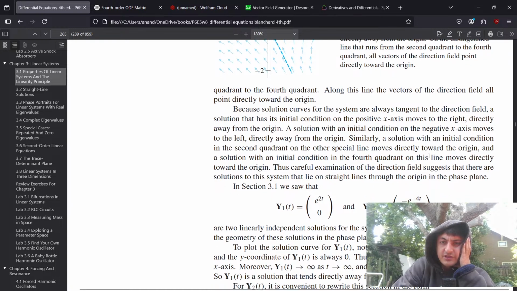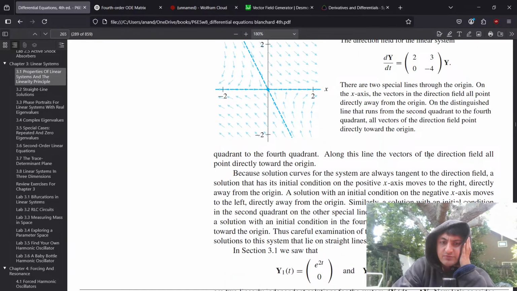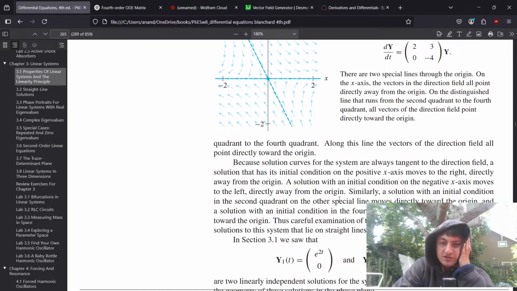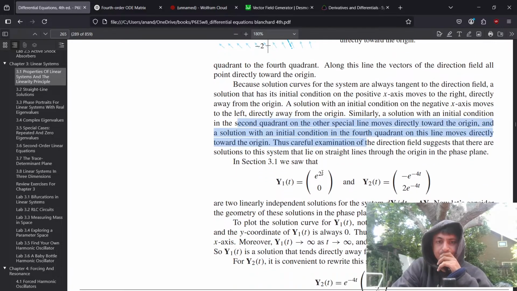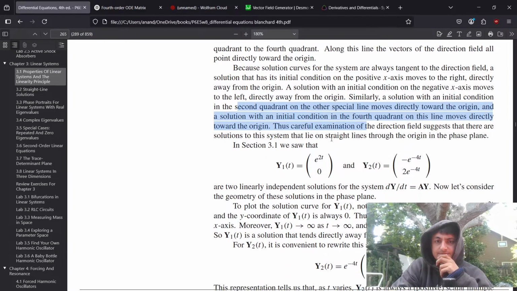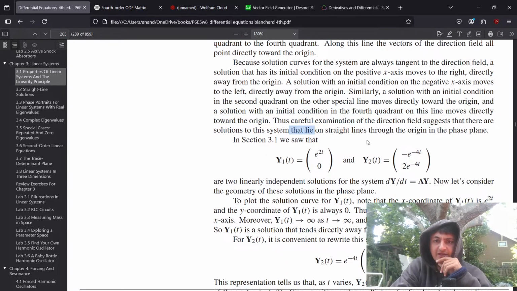A solution with the initial condition on the negative x-axis moves to the left, directly away from the origin. Similarly, a solution with the initial condition in the second quadrant on the special line moves directly toward the origin. There are solutions to this system that lie on straight lines through the origin in the phase plane.